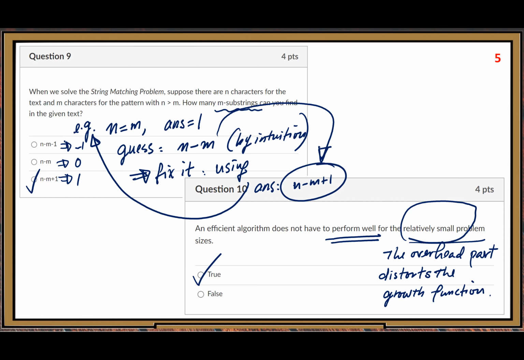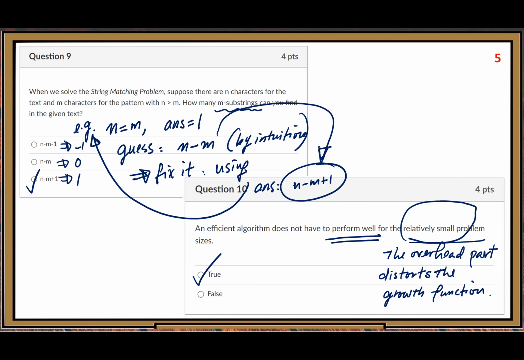But after that, when you increase the problem size, the overhead part basically stays the same. You do not increase the overhead part. So then your growth function becomes bigger and bigger, and that distortion becomes smaller and smaller.